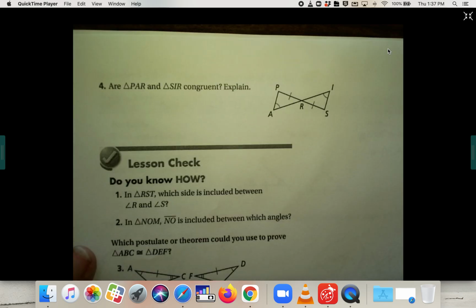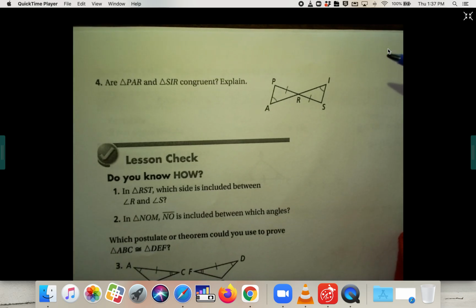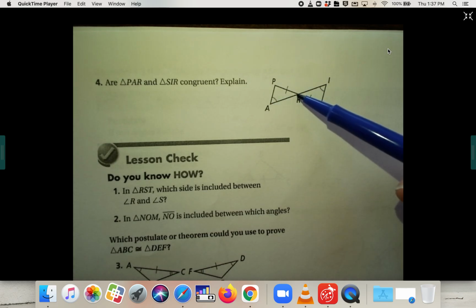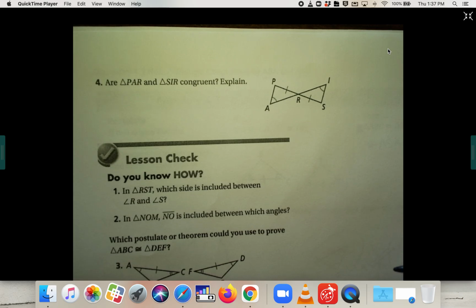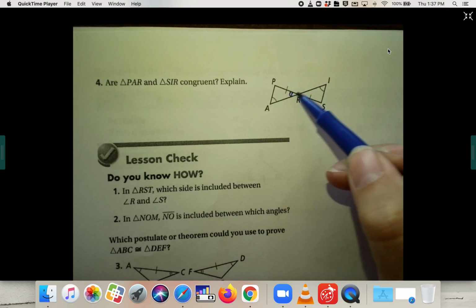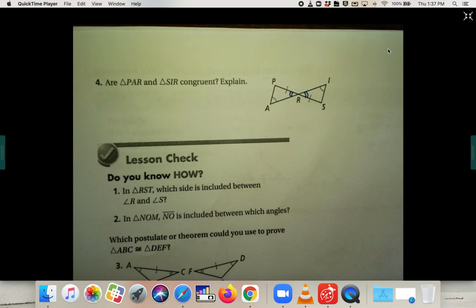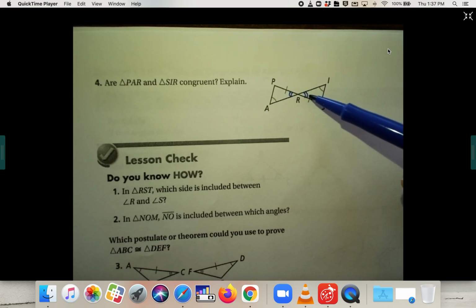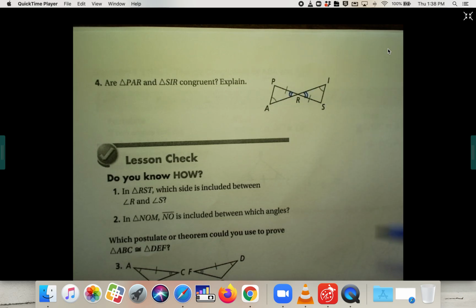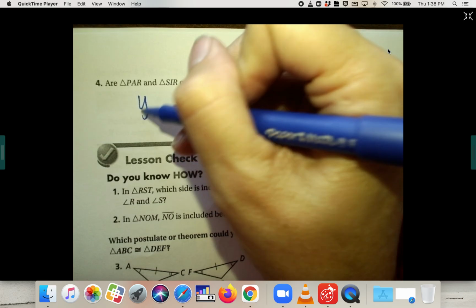This is basically a yes or no question, but we do need to talk about why. So are triangle PAR and triangle SIR congruent? So what you should know is that these are vertical angles, and vertical angles are going to also be congruent. And now we have an angle, angle, and a side. So this is going to be yes.